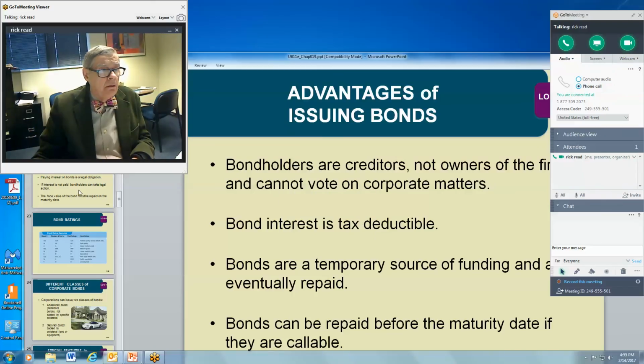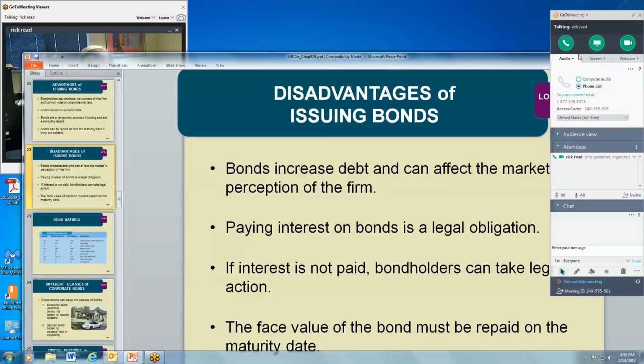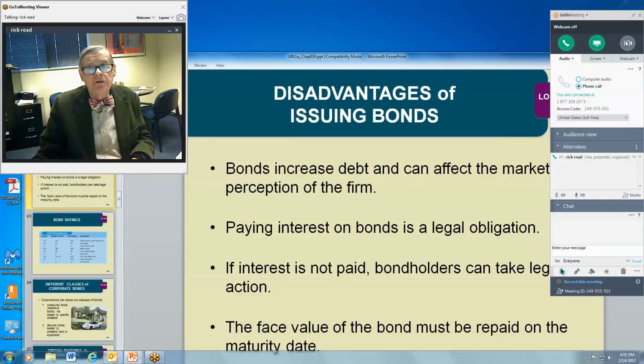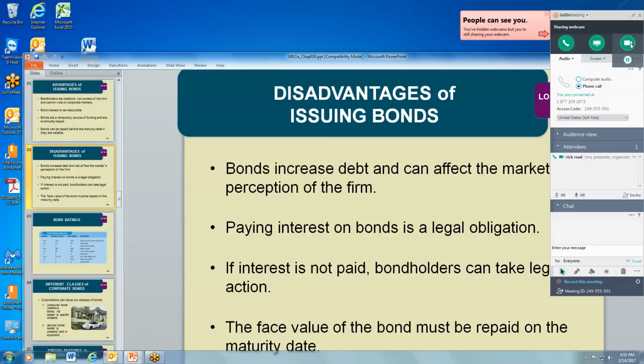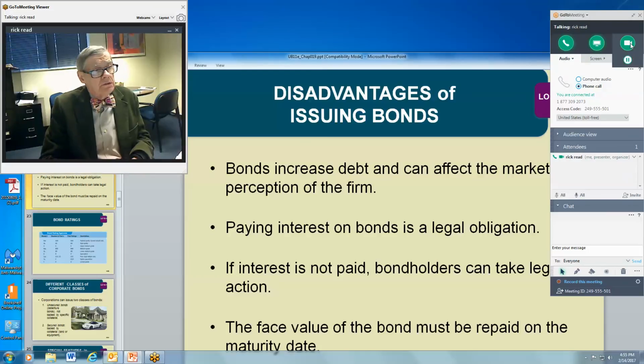Now here are the disadvantages. First of all, it increases the debt. And once the firm's debt is increased, an investor can say, I'm not so sure about this company, it's got too much debt. You have to pay the interest. You don't have a choice in saying, I'm not going to pay the interest.